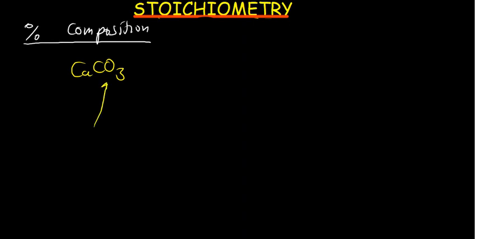How do you calculate that? What you are going to do is just get the mass of carbon. So the percentage composition for carbon is going to be the mass of carbon divided by the mass of the whole calcium carbonate, and then the answer that you get multiplied by 100. That is how you get the percentage composition.